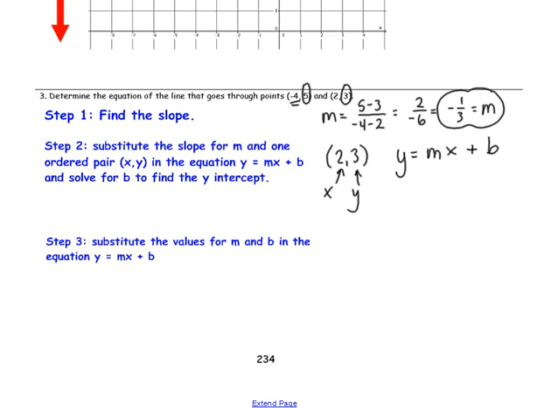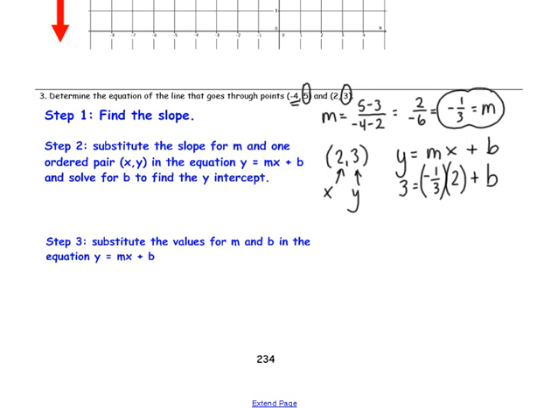Substitute y with 3, substitute m with the slope, -1/3, and substitute x with 2. We will be solving for b.